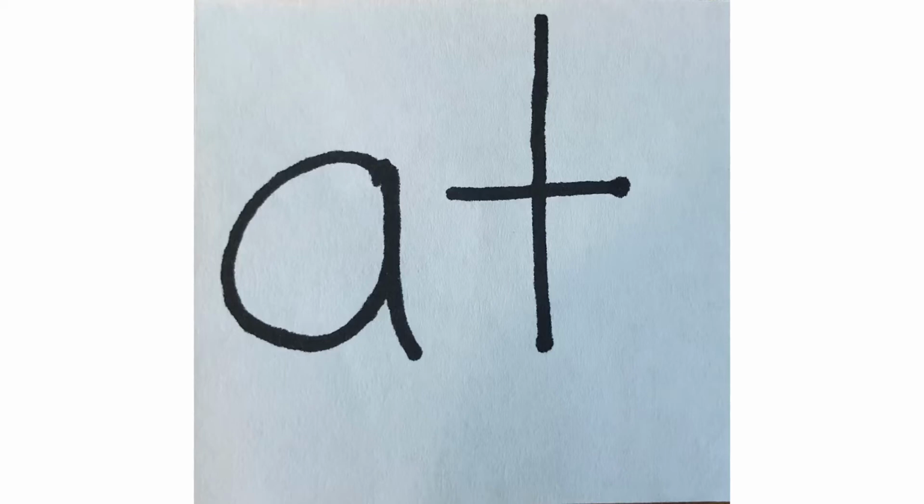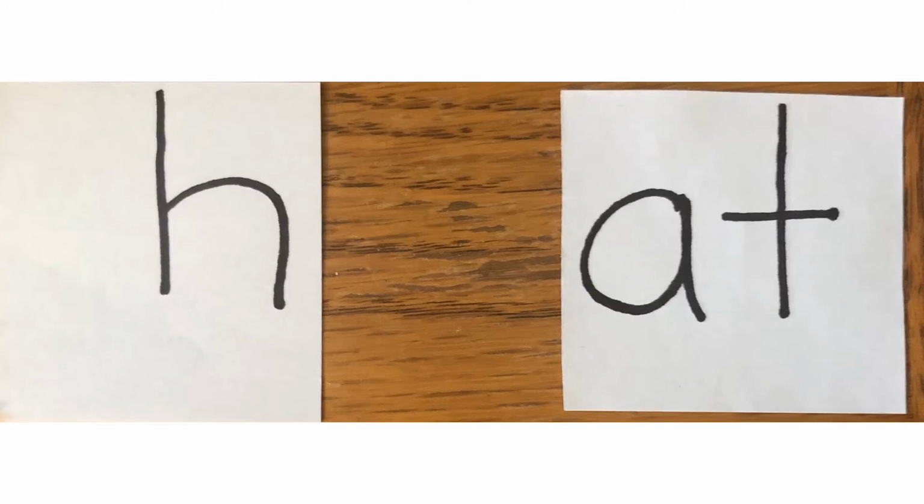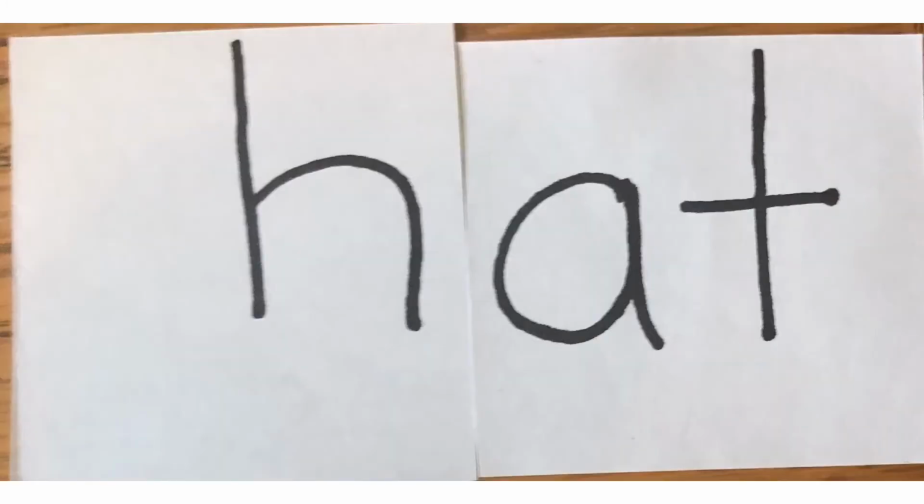So here are our beginning and ending sounds that we're trying to blend. Our beginning sound is H, and the ending chunk is at. How can we combine H and at? H, at, hat. That's right, H-A-T spells hat.